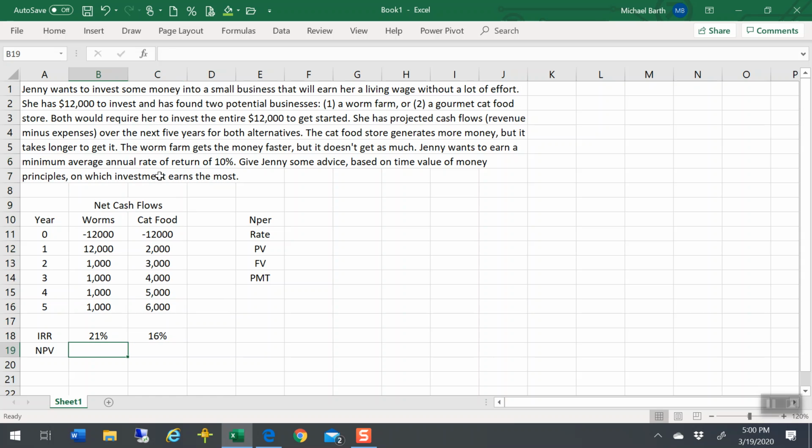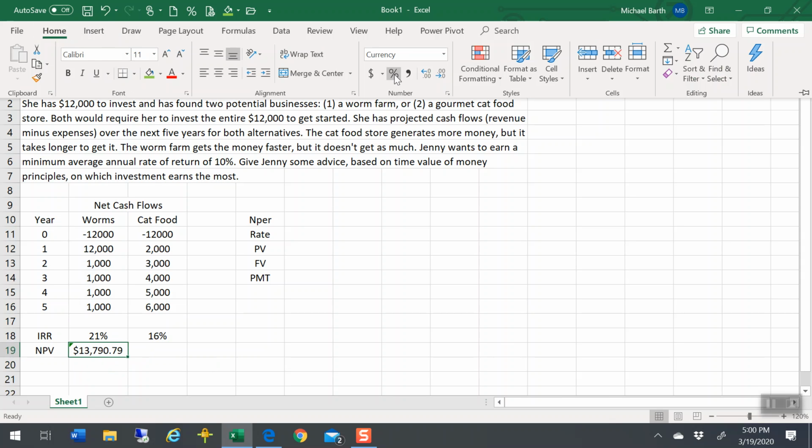Given the rate of return of 10%, she can calculate that the $16,000 the worm farm would bring in would be worth about $13,790 in today's dollars.